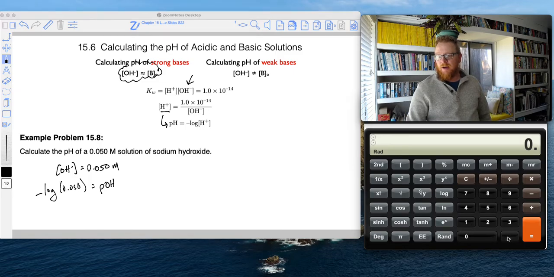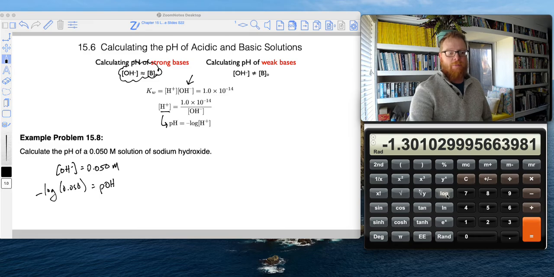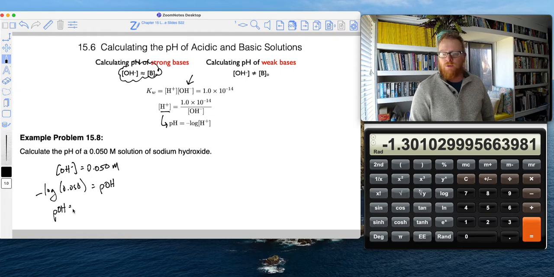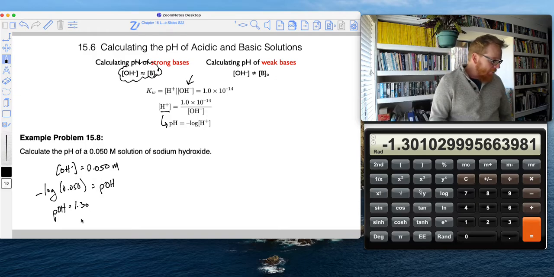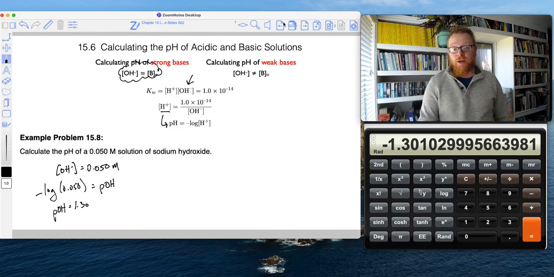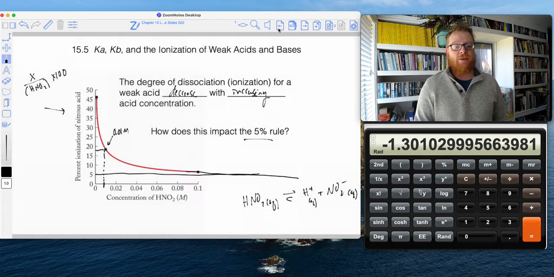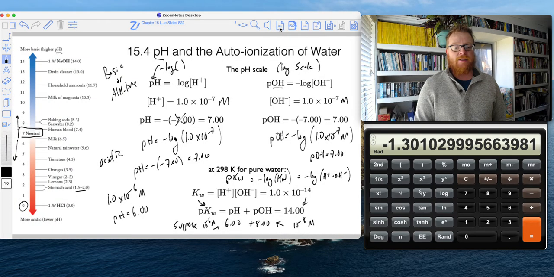So let's do that calculation. So that's 0.05 log. And then, of course, we remember the negative sign. So we know that our pOH equals 1.30, okay? And so I'll remind you, there's a formula that we had back here that says, let's see, here it is, pH plus pOH equals 14.0.